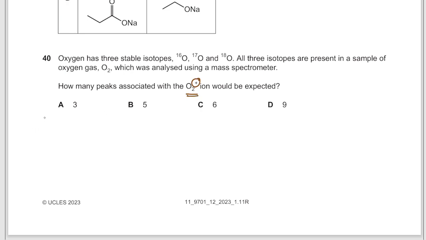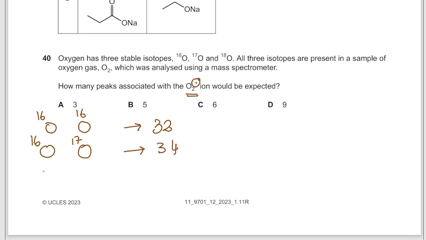Okay, now we will check the peaks. We check the molecular mass of O2 from the atomic masses. The molecular mass can be 16 plus 16, 32. It can be 16 and 17, that will be 33.